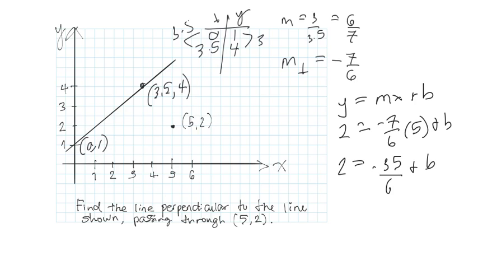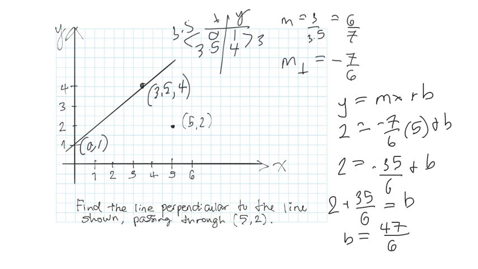So our last line will be 2 plus 35 divided by 6 equals b. And if you do that in your calculator, you'll get b equals 47 divided by 6.